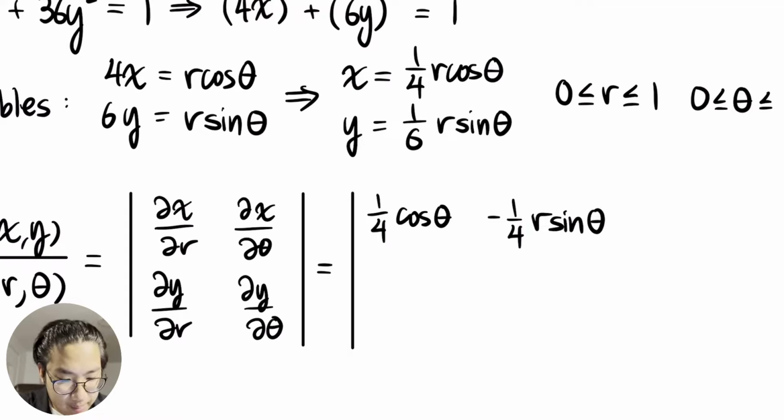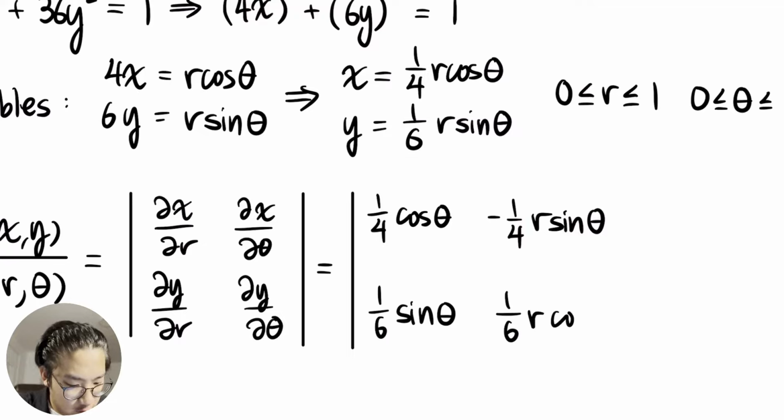And then partial y, partial r, same idea, except in this case it's 1/6 sine theta. And for partial y, partial theta, it's simply 1/6 r cos theta.